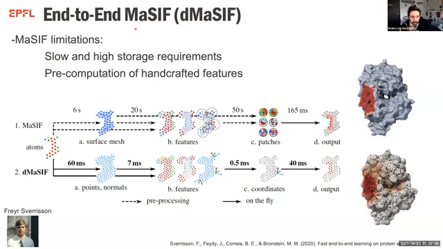by developing this D-MaSIF. Some of the differences that you see here is that there were a lot of pre-processing steps in the old version. And now what we have is essentially a fully differentiable network that was trained to compute the electrostatic properties of these point clouds.